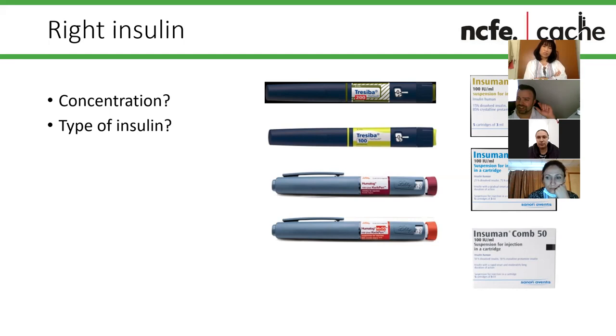So if you're visually impaired, you can count the clicks for the units, but equally there's that visual bit. And obviously all insulin needs to be stored in line with the manufacturer's instructions, which is normally just at room temperature, cool but not cold. You shouldn't be drawing up insulin anymore. They should all be coming in the preloaded pens.